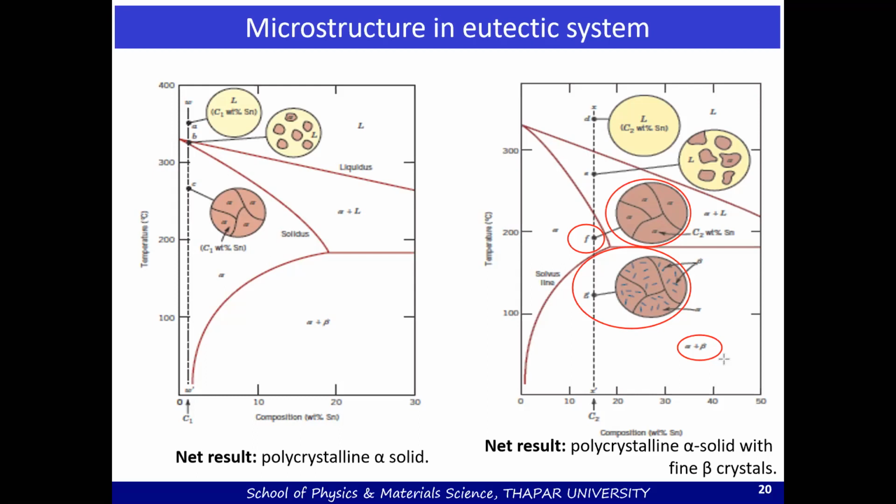That 10% Sn has to diffuse to a common point where its local concentration goes above 50%. If it goes above 50%, then only you have a beta rich phase. So that possibility is very minimal, and that is why you have limited presence of the beta phase. So your final result is your solid is still mostly alpha solid with presence of fine crystals of beta in little proportion. Is it clear?